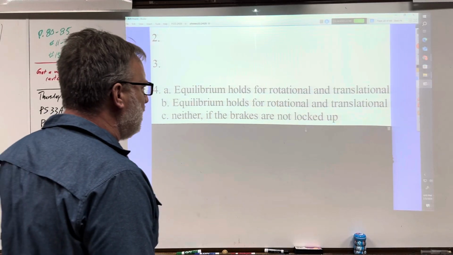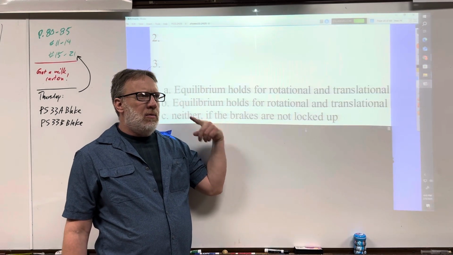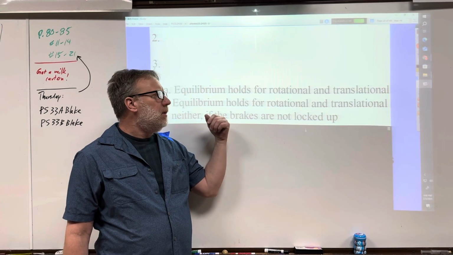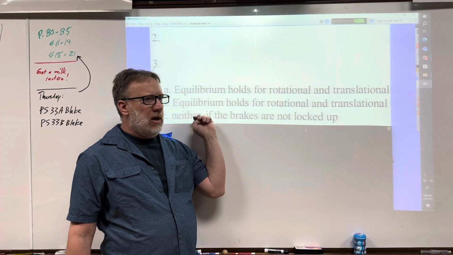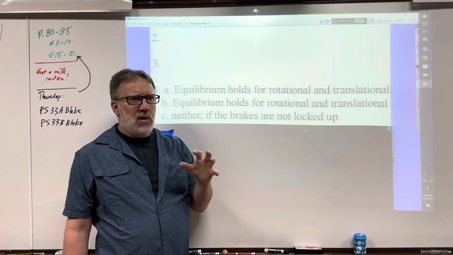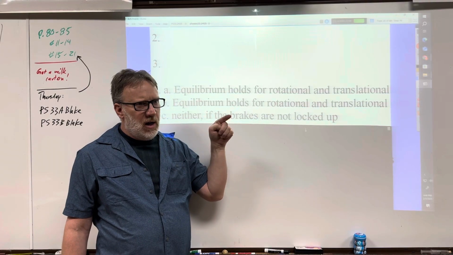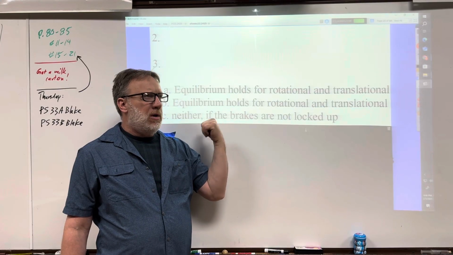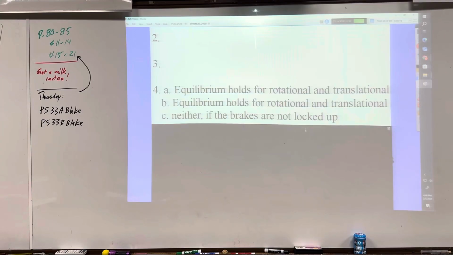So as long as you don't have the brakes locked up and the tires are still rolling but slowing down their rotation rate, and the car is slowing down translationally, you don't have equilibrium. Now, if the tires are locked up and you're screeching, then the tires have a rotation of 0 and they're at equilibrium, but the car is not.